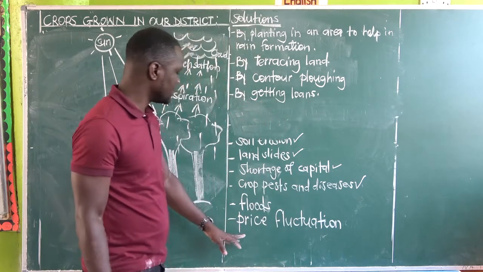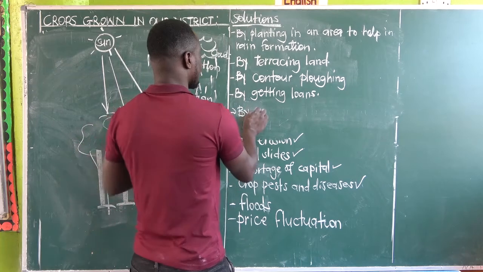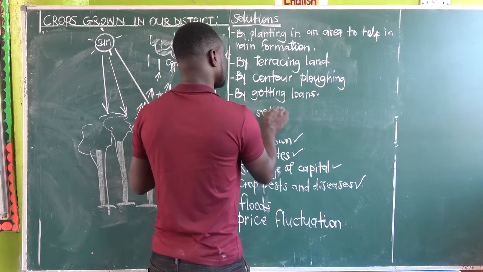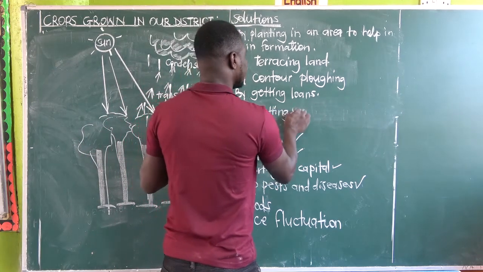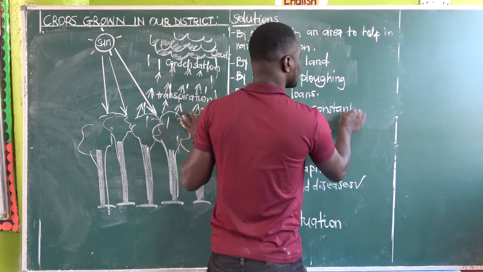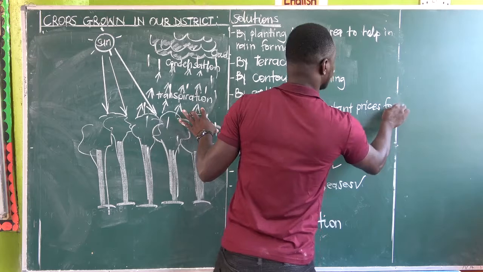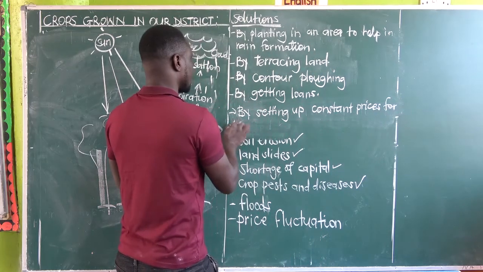So what should be done here is setting up constant prices for the produce.